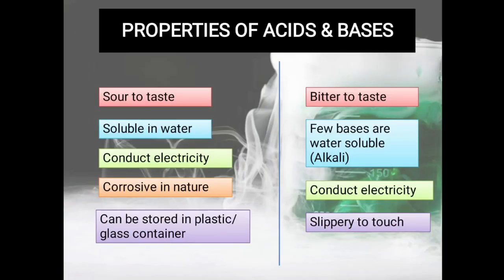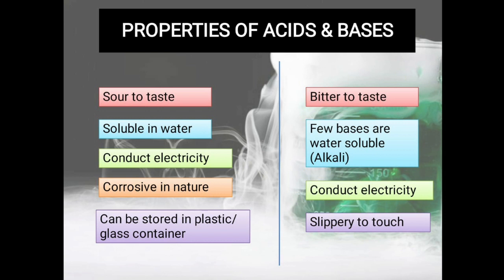These are some of the general properties of acids and bases. Acids, as you have learned, are sour in taste. Similarly, bases are bitter in taste. Acids are soluble in water, but the few bases that are water soluble are termed alkali.